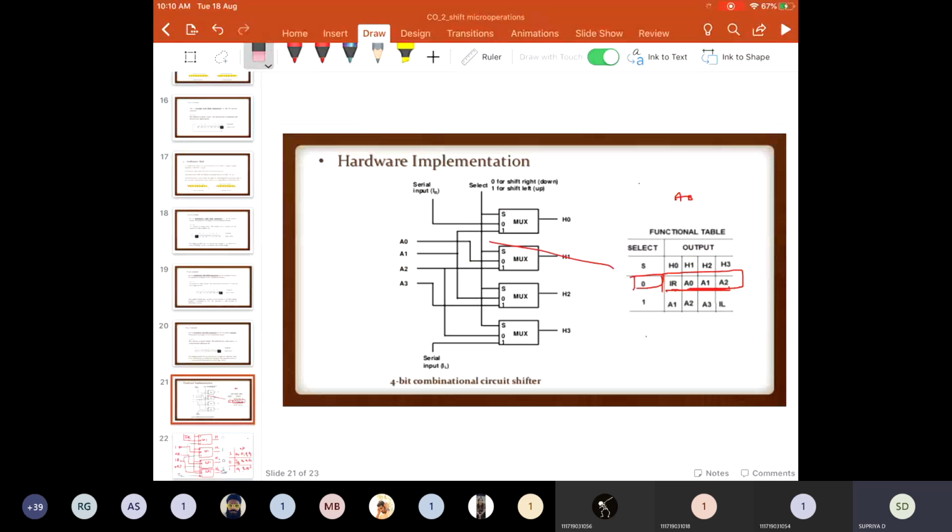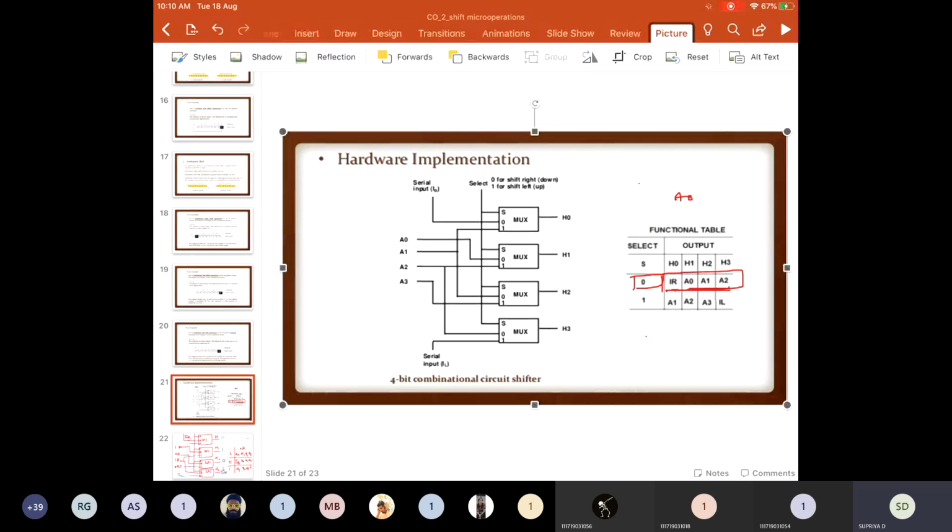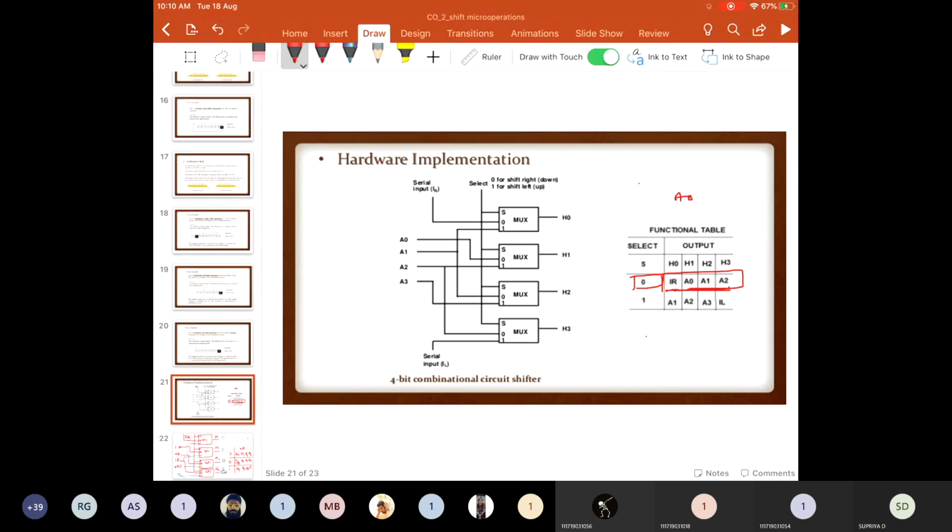And to perform shift left operation, I have the data like this: A0, A1, A2, and A3. If I want to perform shift left operation, what do we do?